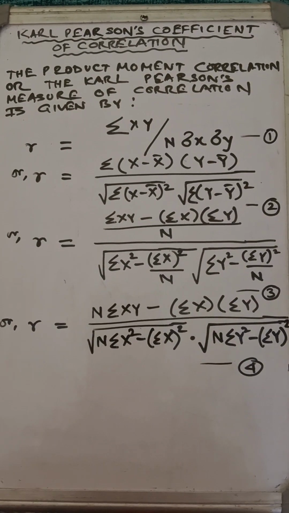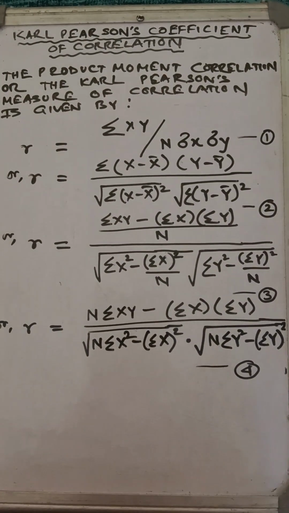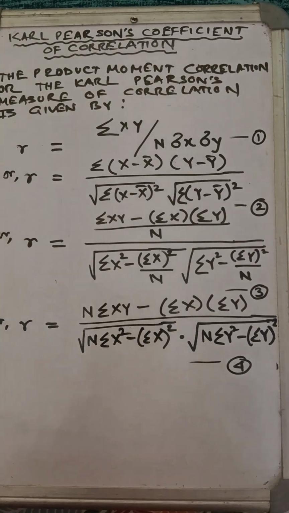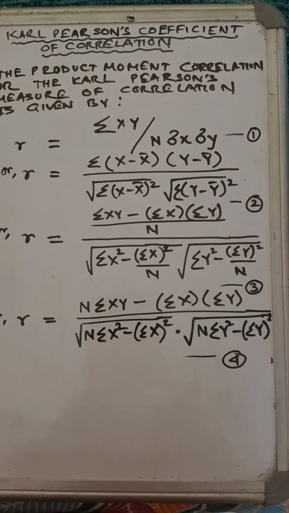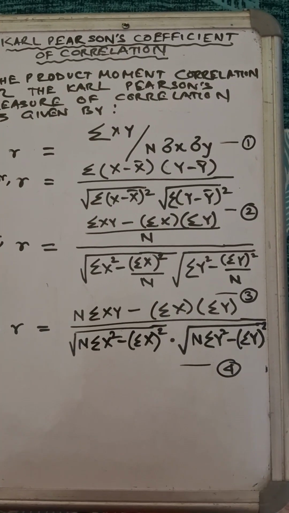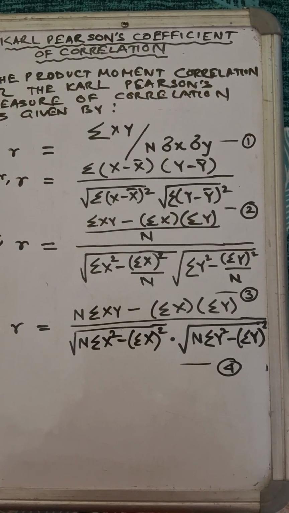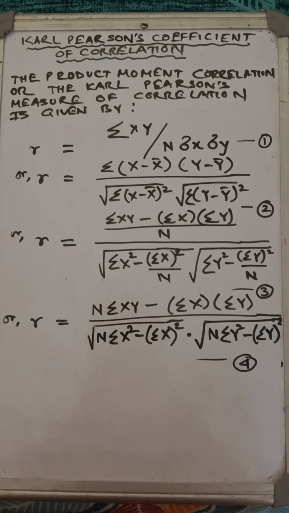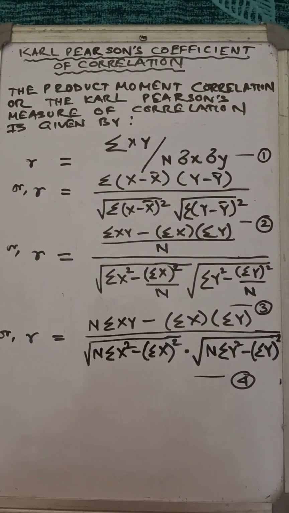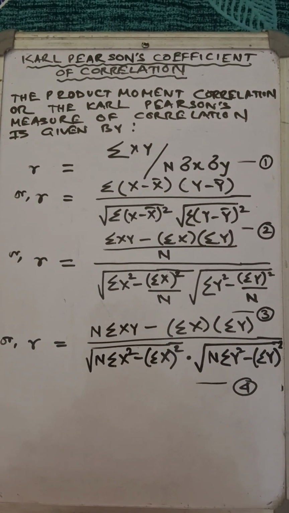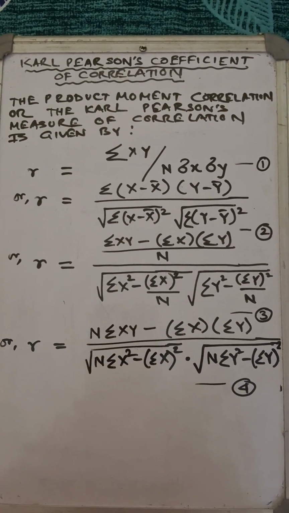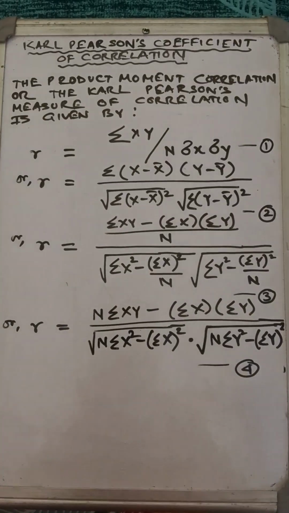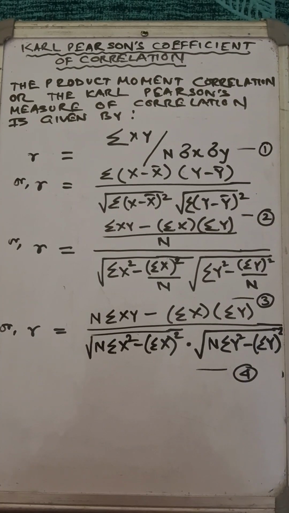So r ultimately is n into summation of xy minus summation of x into summation of y, by root over n summation of x square minus in bracket summation of x the whole square, into root over n summation of y square minus summation of y the whole square. So we get the values of r, the product moment correlation coefficient or Karl Pearson's correlation coefficient, in this way.